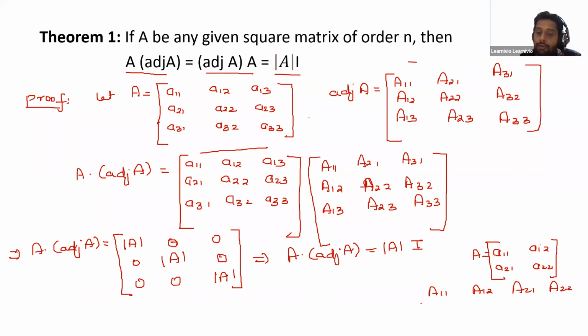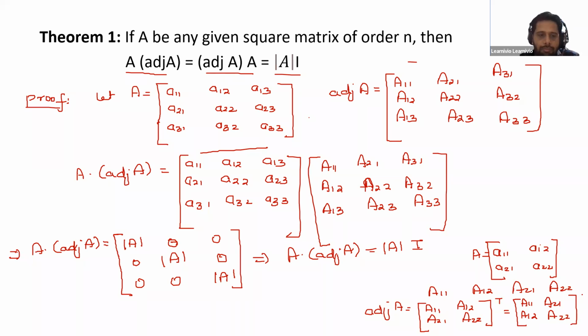To find the adjoint of a matrix, you will write the cofactors in place of the elements, and after that, you will find the transpose of this matrix. Then you will get A11, A12, A21, and A22. Is this clear? Yes, sir.